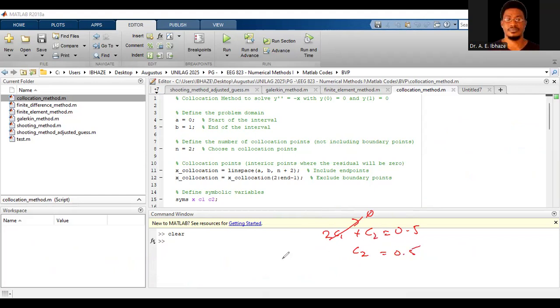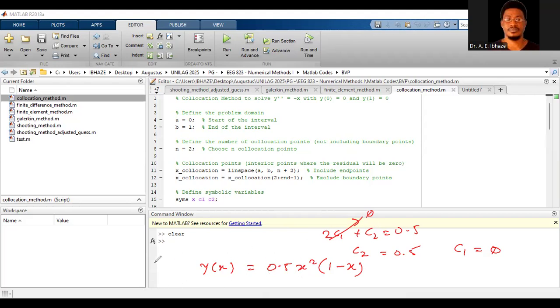Now, if C2 is 0.5 and C1 is 0, then once plugged into the trial equation, y(x) will be 0.5x squared (1 - x).